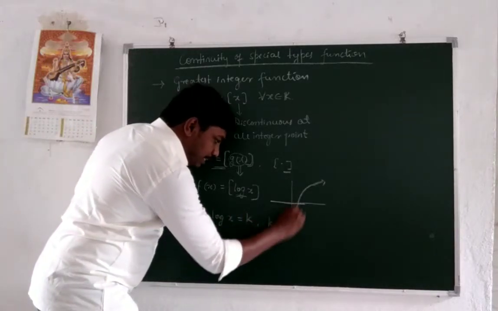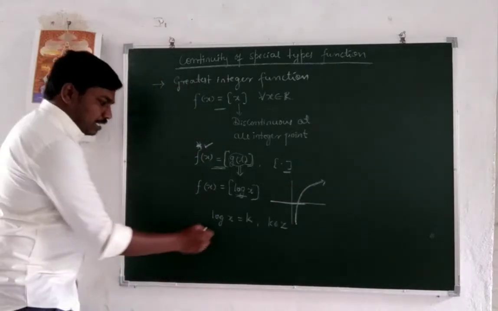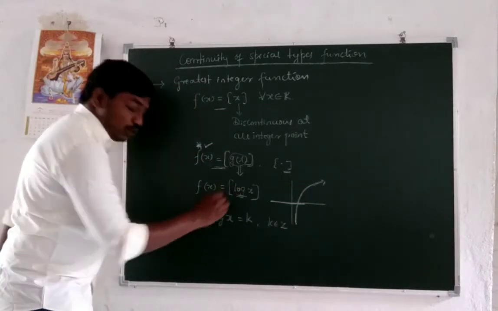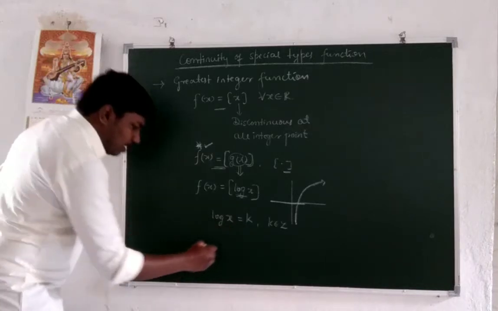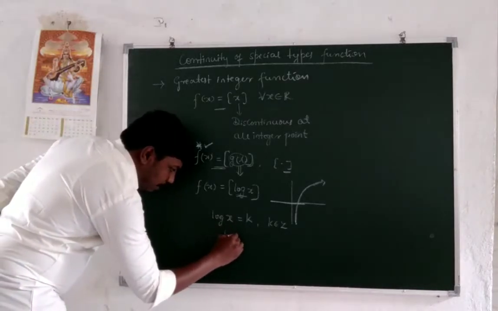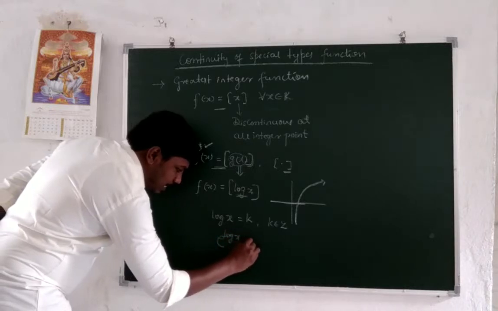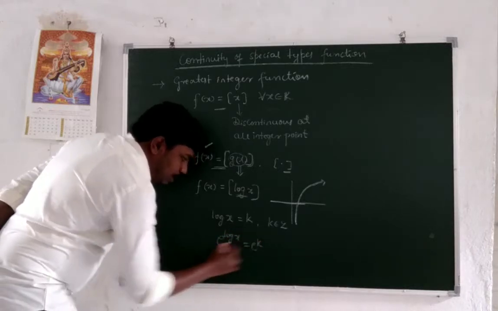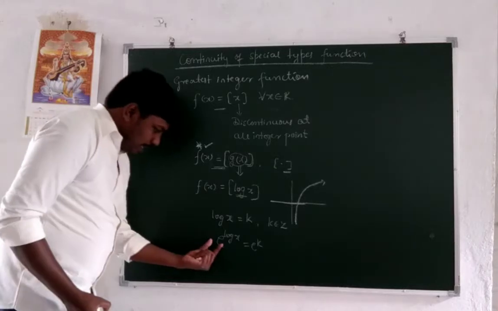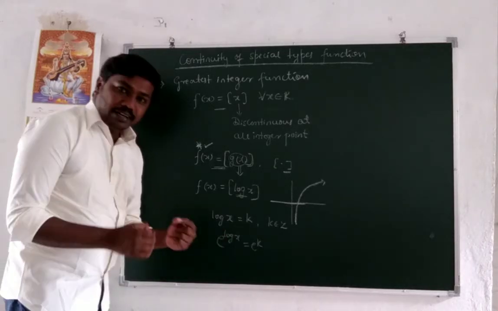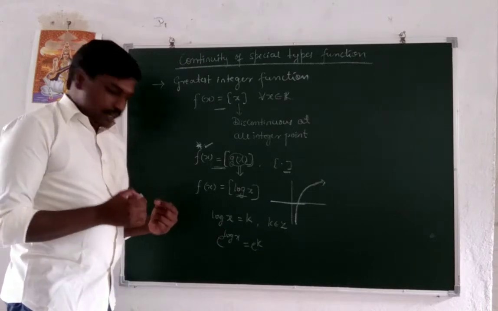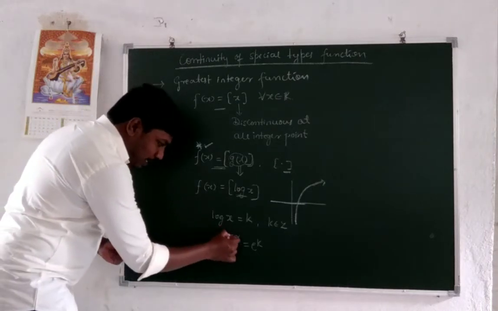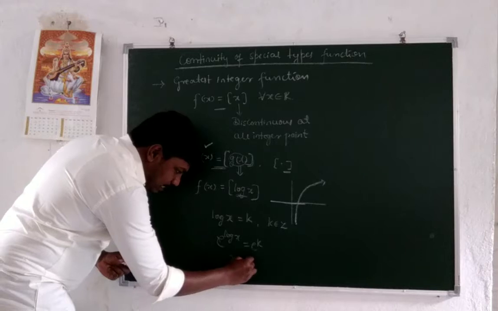Taking exponential on both sides, e power k equals the exponential of log x. Exponential and log are inverse functions, so they cancel. So x is equal to e power k.